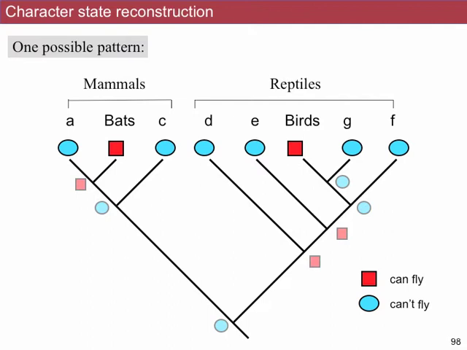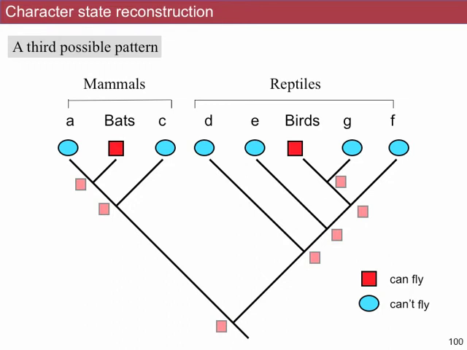The ancestor here did, didn't. That's one possible scenario for the evolution of flight in this group of organisms. Here's another possible pattern. This is the one I showed you, with even the ancestor of bats and other mammals not flying, and the ancestor of birds and other dinosaurs or whatever they're related to not flying. And here's a third pattern where the ancestors could all fly in every one of the positions.